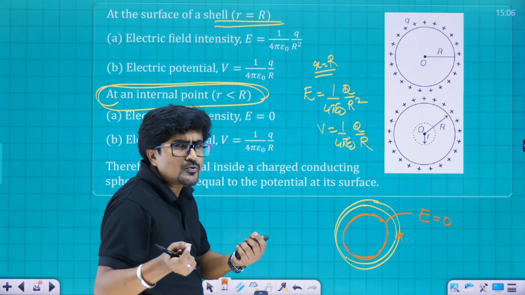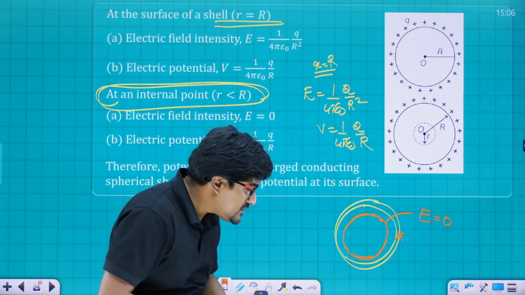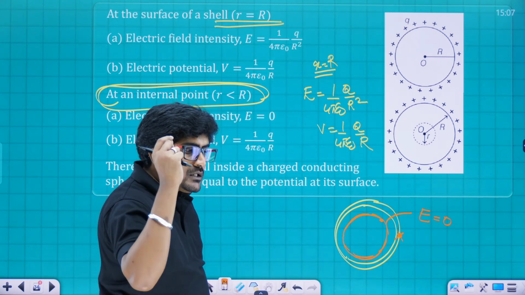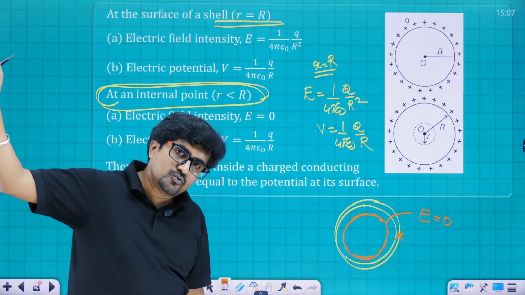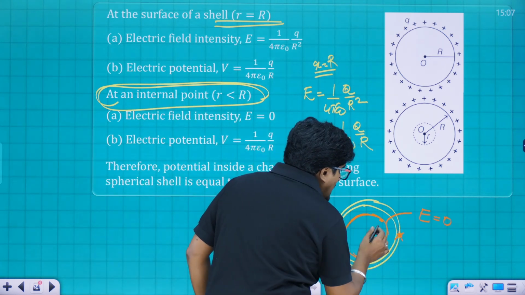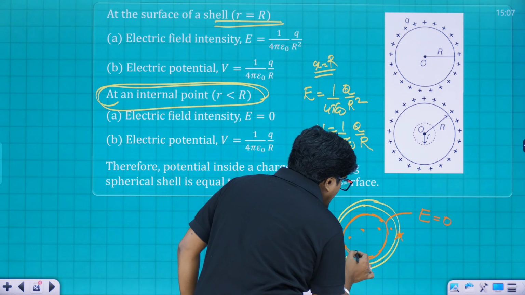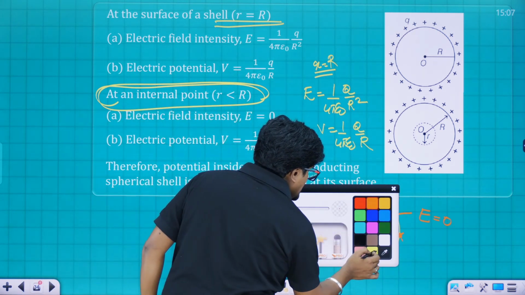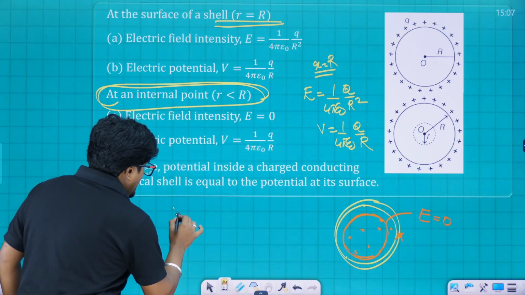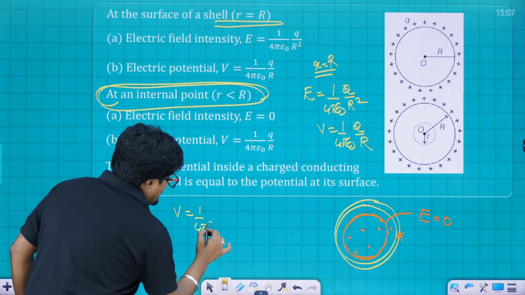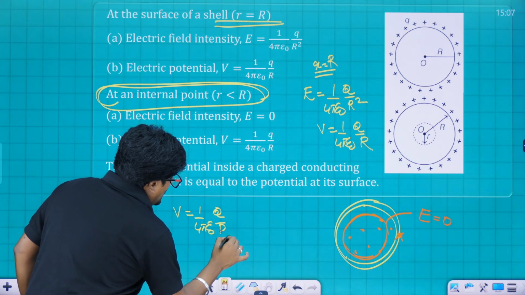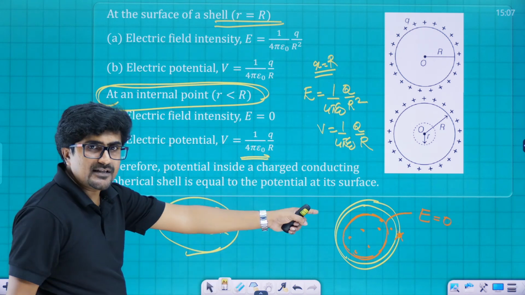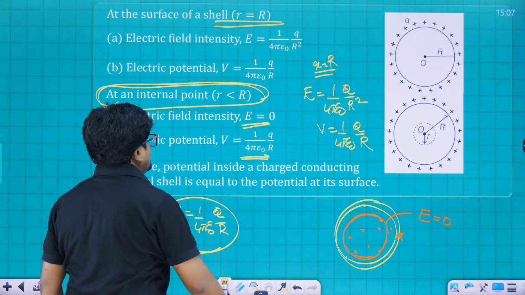That means we need not spend any energy to move to any point inside the spherical shell, which means the work done to bring charge Q from infinity to any point on the surface will remain unchanged at any point inside the shell. What was the electric potential at the surface of the shell, the same is going to be the electric potential at any point inside. So it's going to be the same at any point inside, and electric field is already 0, and I told you why it is 0 as well.